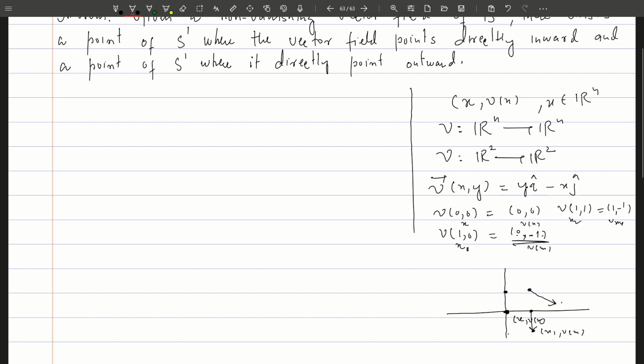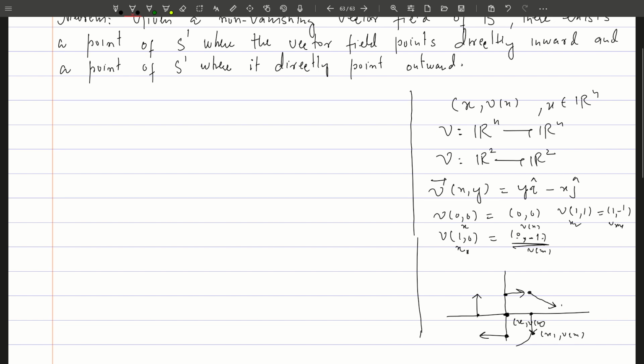Similarly, other inputs give arrows like this. So this moves in circles, and this gives a picture of the graph of this function.